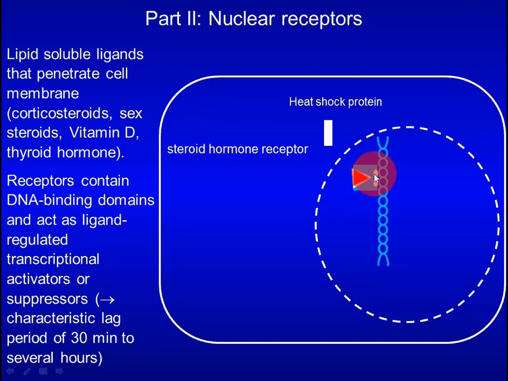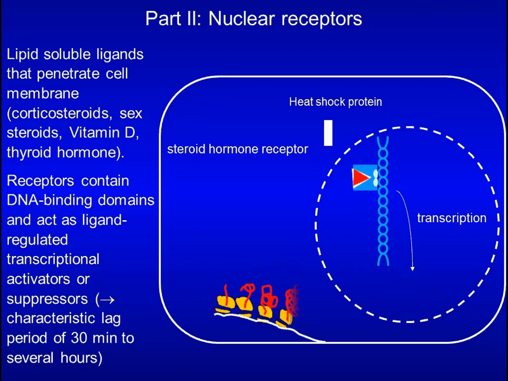It acts as a transcription factor and activates transcription of target genes, leading to increased synthesis of protein. Due to transcription and translation, there's a lag period of 30 minutes to several hours.